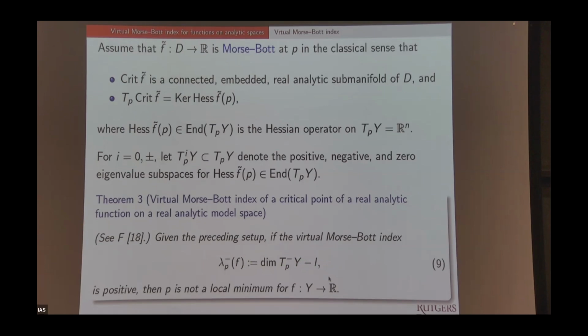If you understand Kuranishi models or remember them from gauge theory, you should think about this L as the dimension of the so-called obstruction space in Kuranishi deformation.